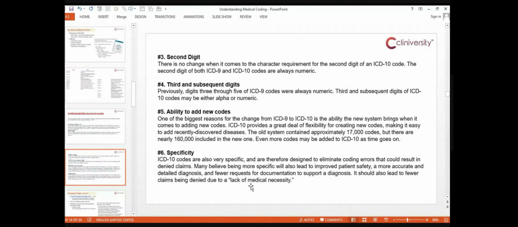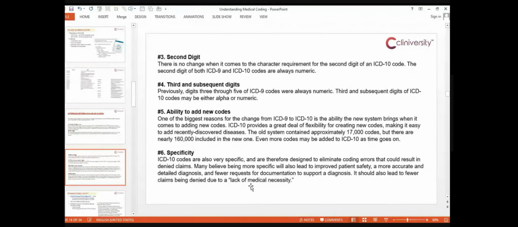So to eliminate all such coding errors, ICD-10 is providing more specific codes, as it has a larger number of codes. Coding errors could result in denied claims. Whenever any kind of coding error is there, medical billing will deny the claim, and thereby there will not be payment to the hospitals or providers.